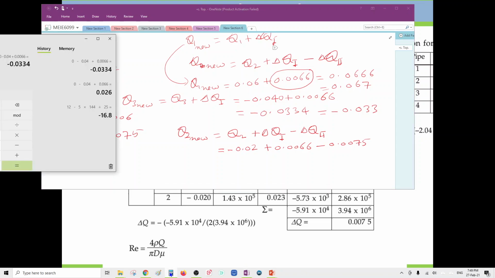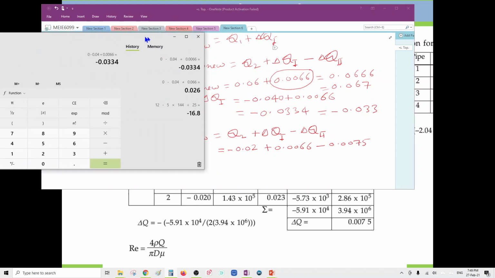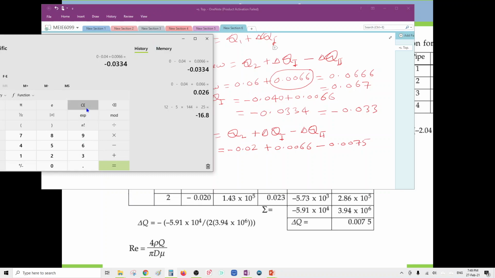When we calculate this, it comes out to be 0.0.